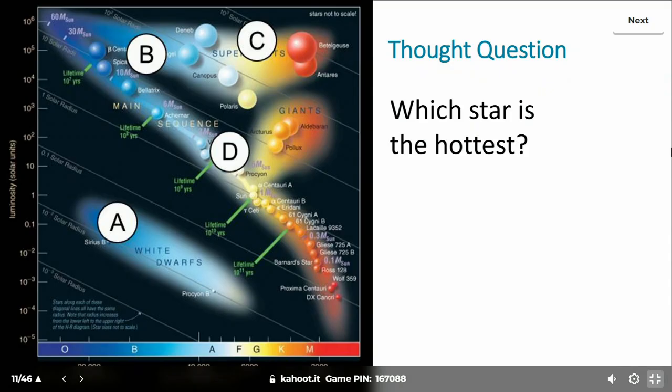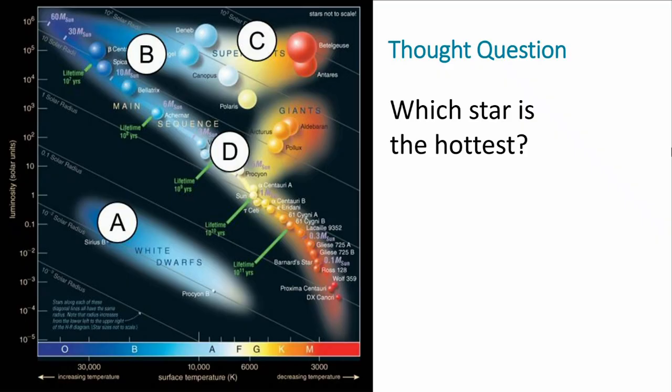So let's practice how we would read this diagram as a class. So we have these different options for where a star might live. And so of these choices, which star is the hottest? And you can just shout it out.